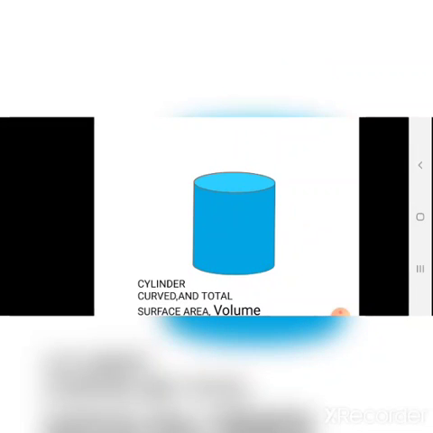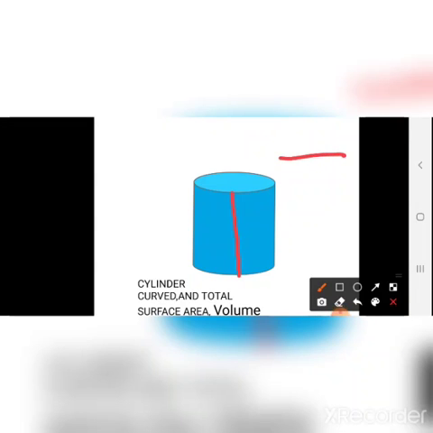Further, if we break the cylinder vertically and open it, that will be a simple rectangle. So the surface area of a cylinder is related to the rectangle area.